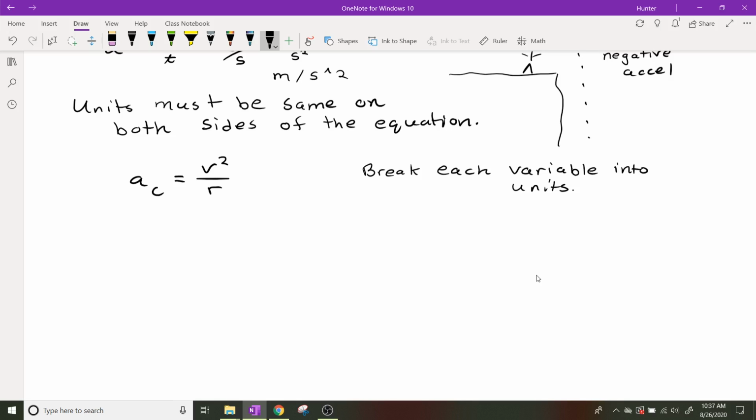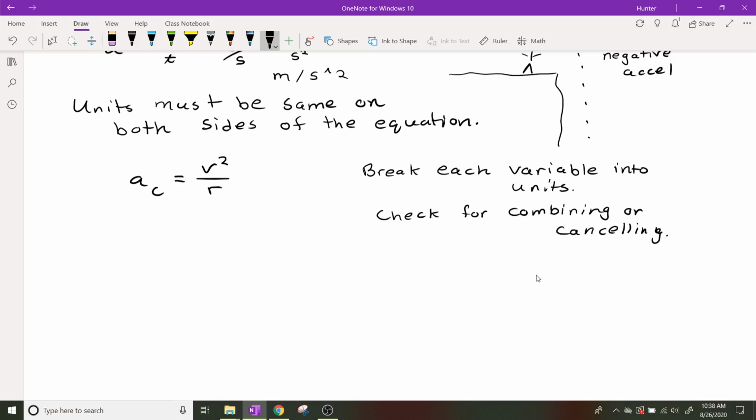Then we're going to check for combining or canceling. Those are basically the two steps. Whenever we combine and cancel everything out, we should end up getting the same units on both sides.